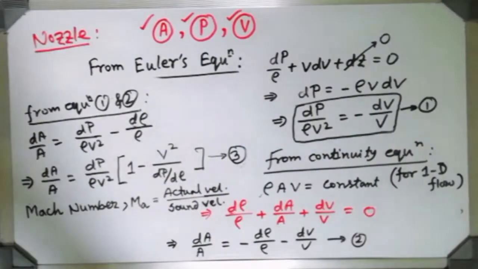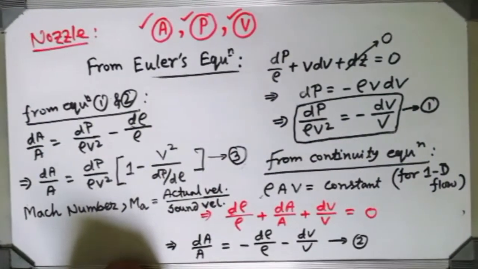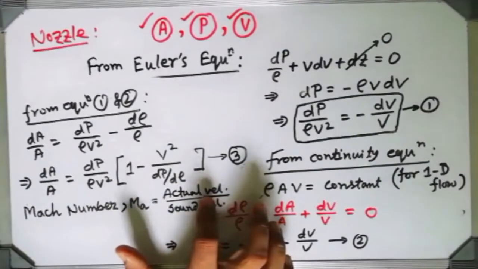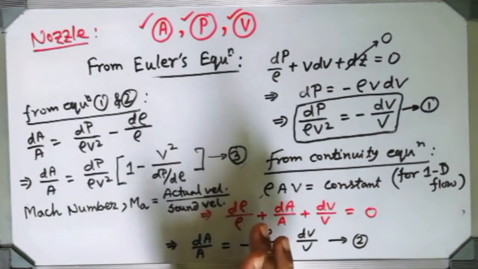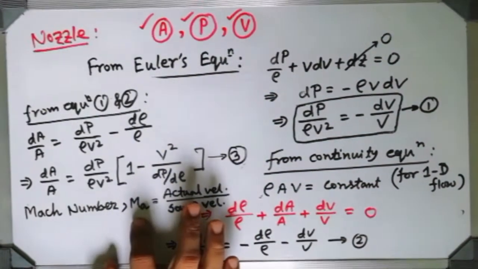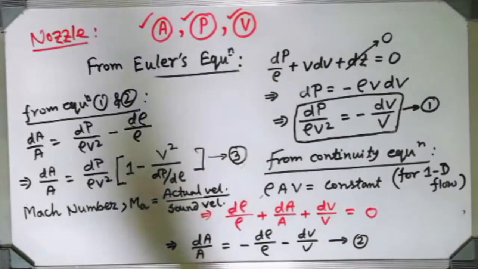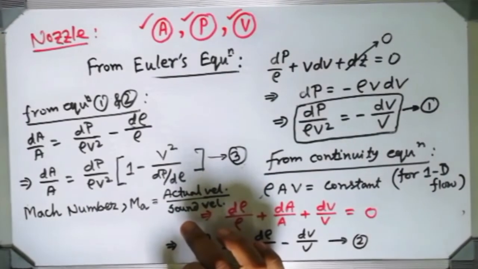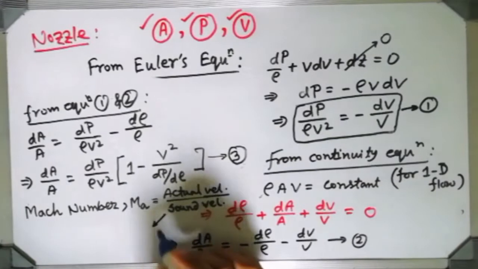We say a fighter plane is running with a supersonic speed. Yes, they will run with supersonic speed, and that supersonic speed is decided by this Mach number. The sound velocity in air, I am talking about in air, is 332 meters per second.